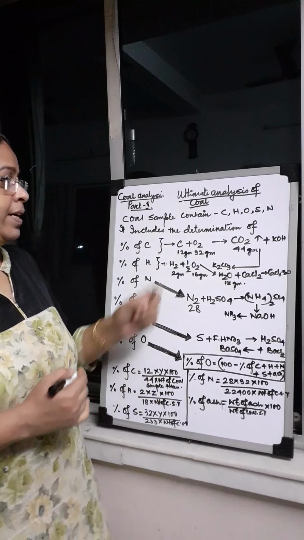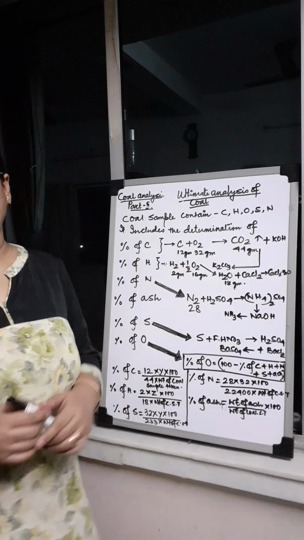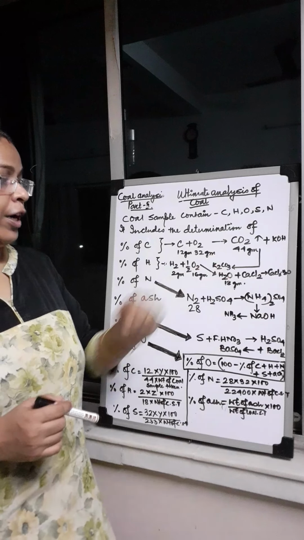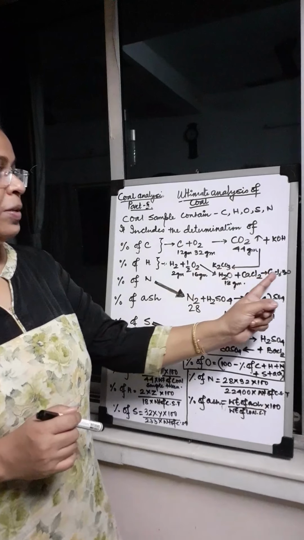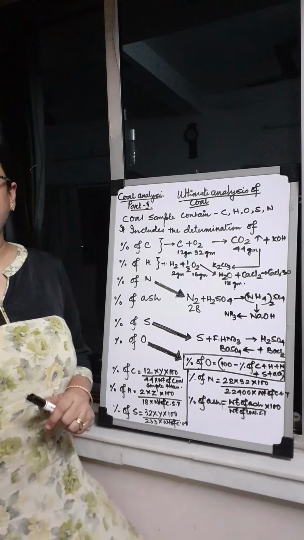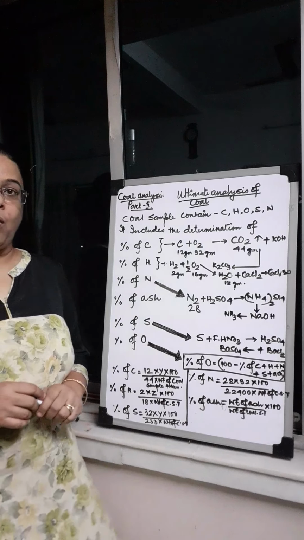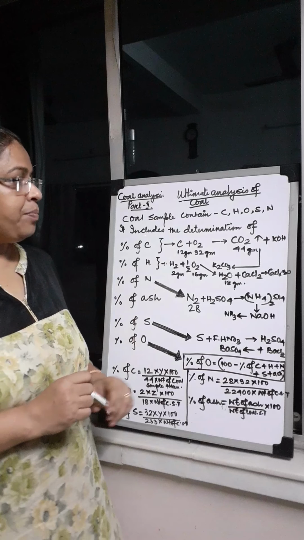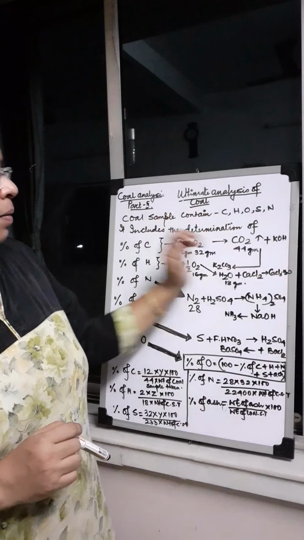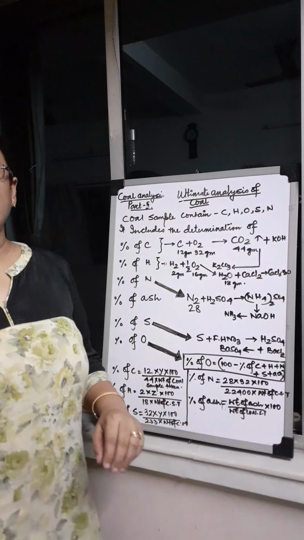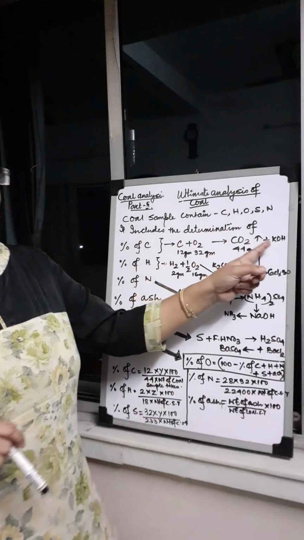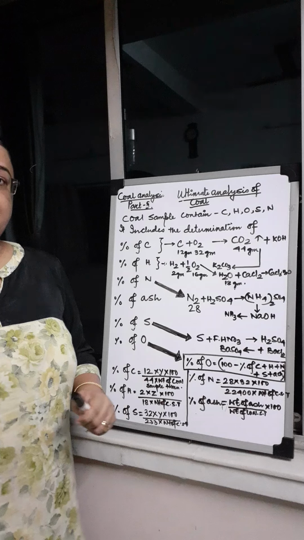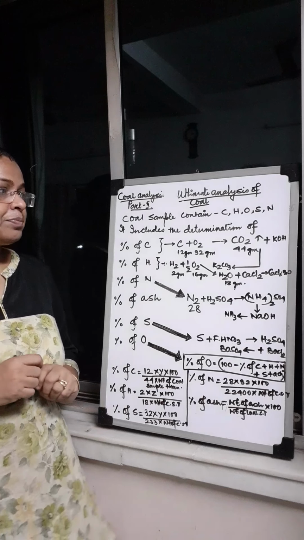If suppose x gram of water is produced, then there will be a change of 18x gram in the calcium chloride. Now after that, the gas passes through another U-shaped tube, that bulb contains potassium hydroxide.